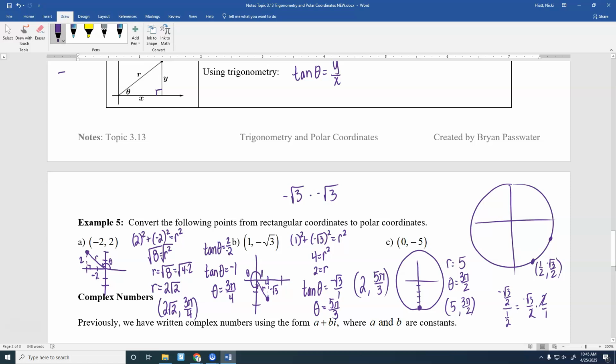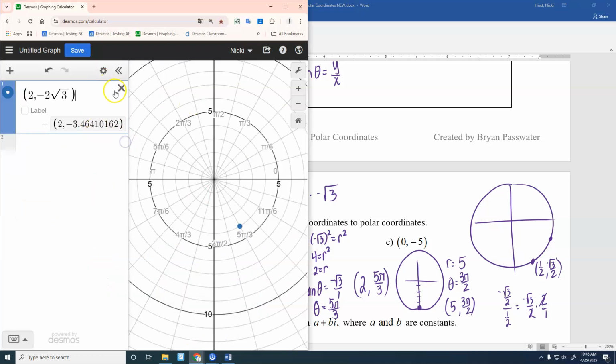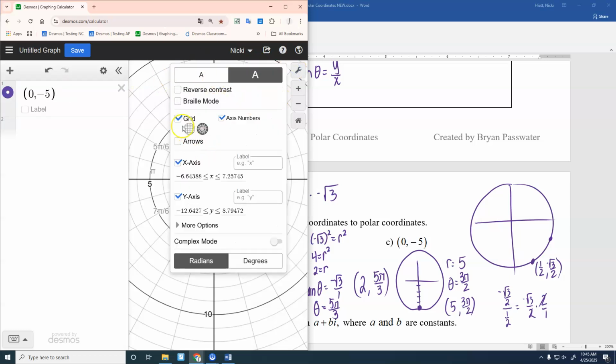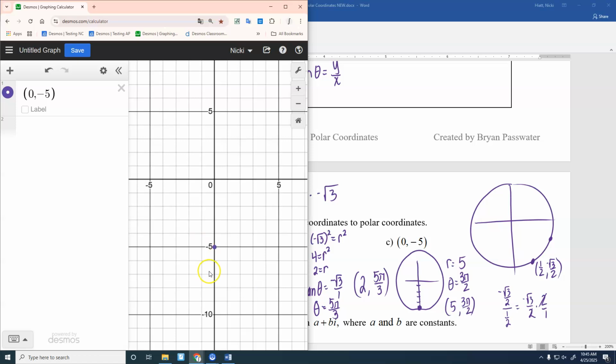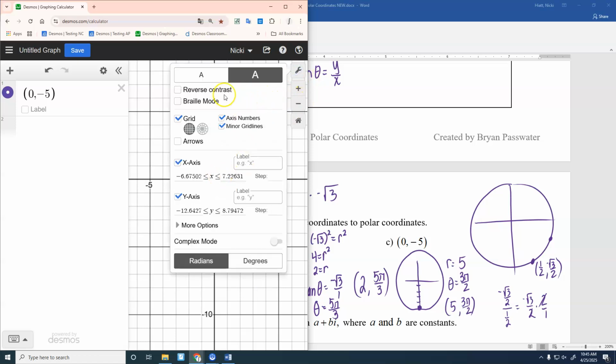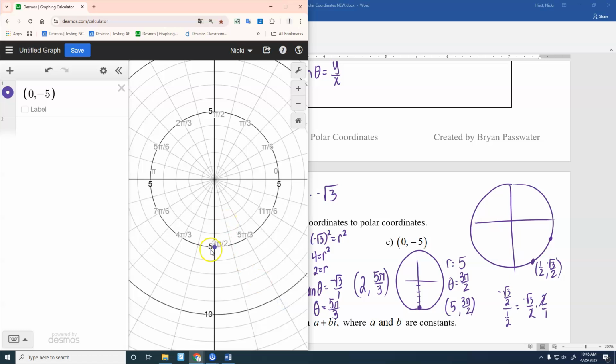So Desmos will graph your rectangular points correctly. Now a lot of these will not be calculator active, so we can't rely on Desmos totally to do it. But if it does show up on calculator active, I could just graph 0, -5, which is here on my regular coordinates, and then change my background to the polar coordinate background, and I can see on it 3 pi over 2, I went out 5 for that.